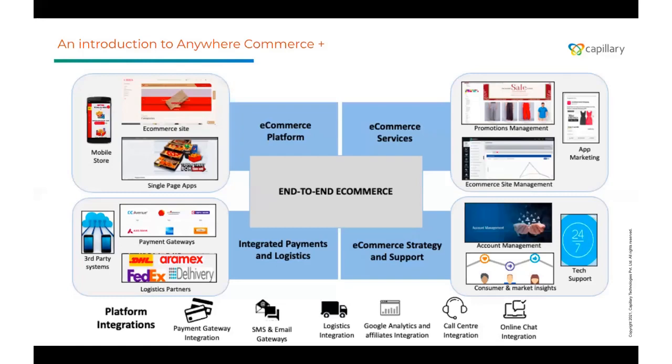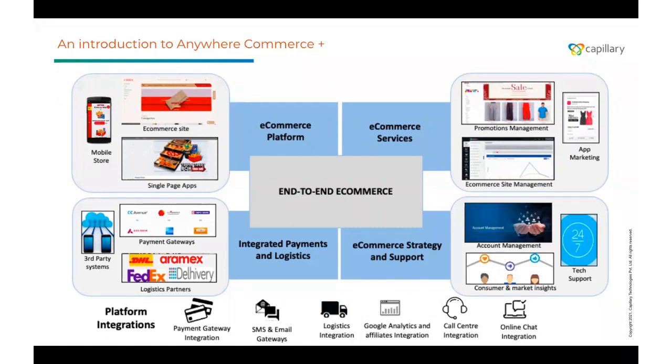Further, the next block is the e-commerce services. This is basically the UI activities or the catalog services that we provide to the brands or to the merchants. So this is basically the delivery part of it.